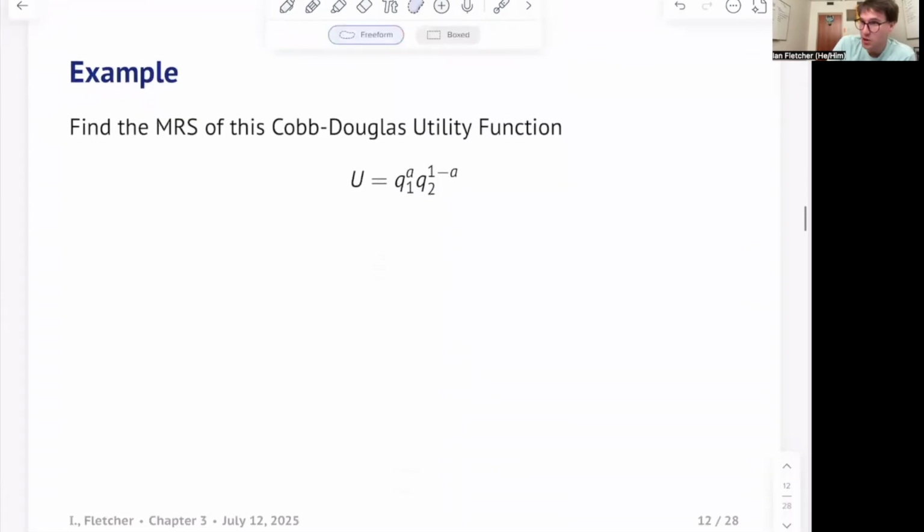So let's find this marginal rate of substitution for this Cobb-Douglas utility function, which is just a fancy way of saying that our exponents sum to 1, right? A plus 1 minus A is going to just be 1.